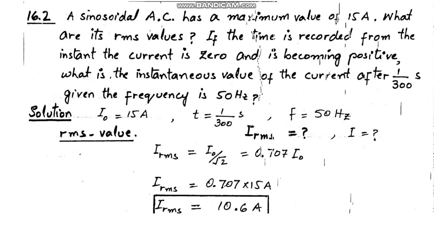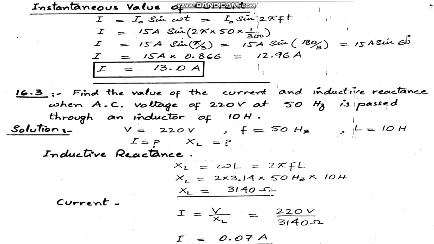Now we want to find I, the instantaneous value of the current. The general equation, I is equal to I naught sine omega t. Omega is the angular frequency. We put the value in here. So I naught sine 2 pi f t, because omega is equal to 2 pi f.